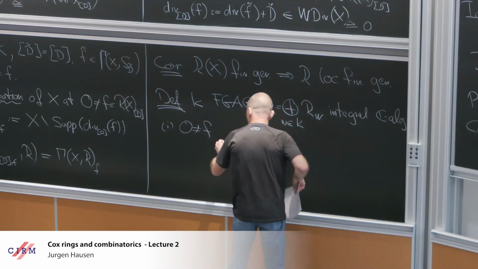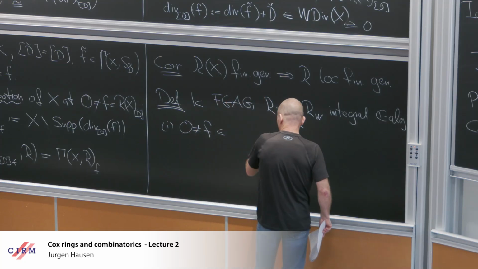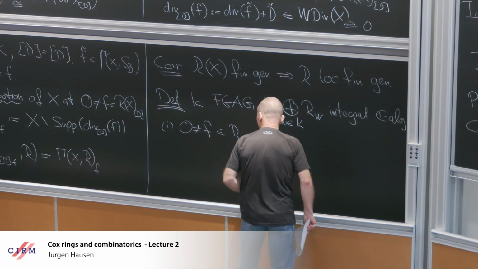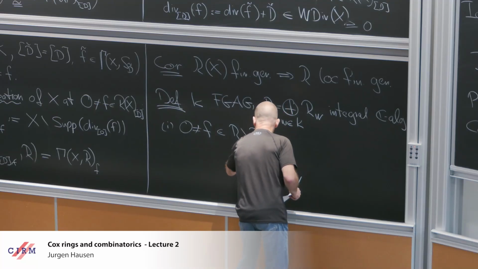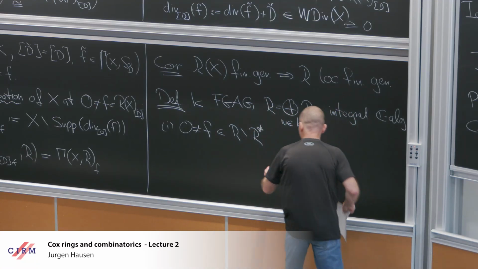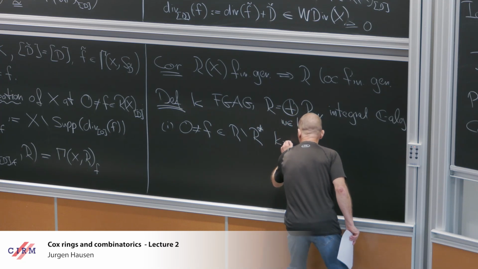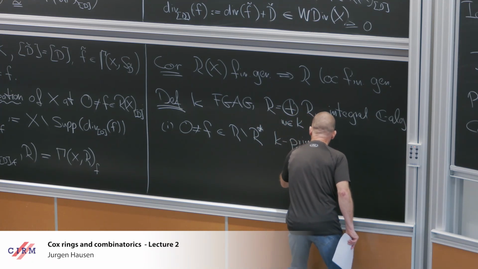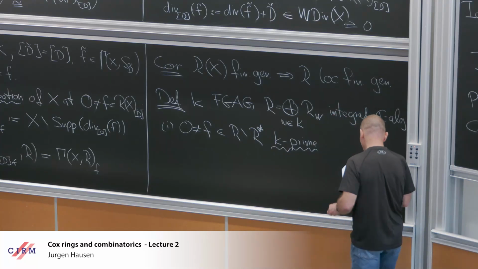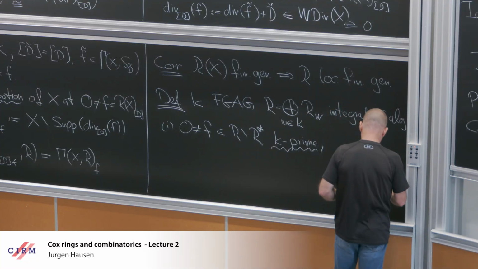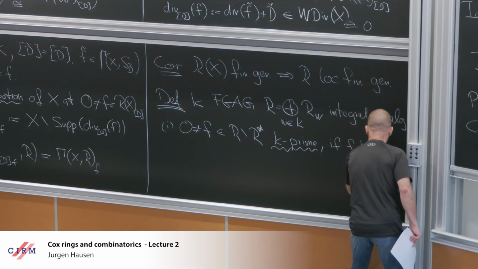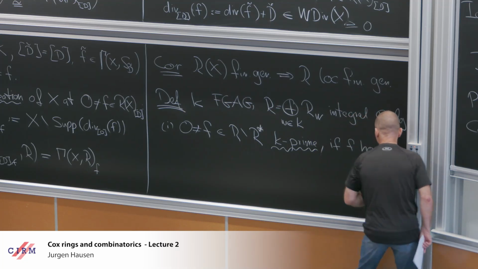I say that if I have an element in this algebra which is non-zero and not a unit, I call this not prime but K-prime. And you can guess what is first: it should be homogeneous.